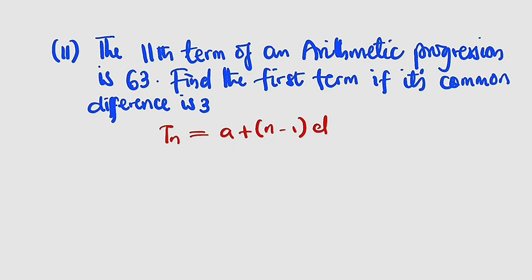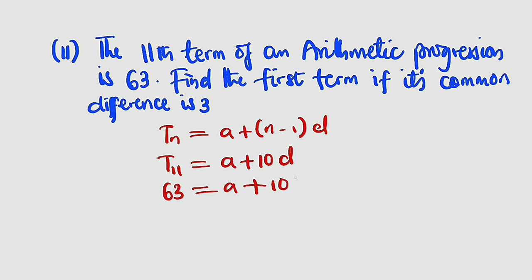But we are given term number 11 according to the question, which is equal to 63. So term number 11 will be equal to a plus 11 minus 1, which is 10, then multiplied by d, right? But the 11th term is equal to 63, which is equal to a plus 10 multiplied by 3, because the common difference is equal to 3. And 10 multiplied by 3 is equal to 30.